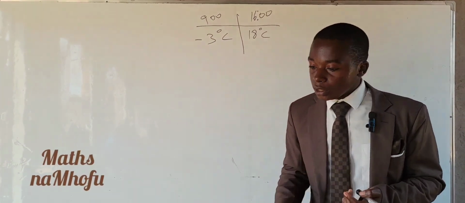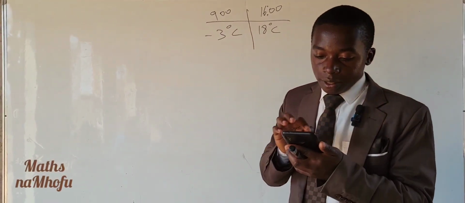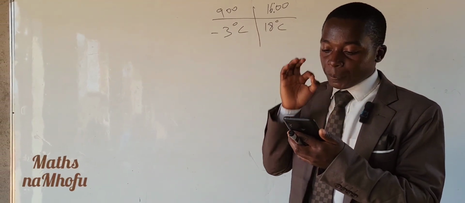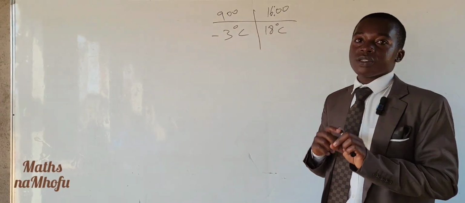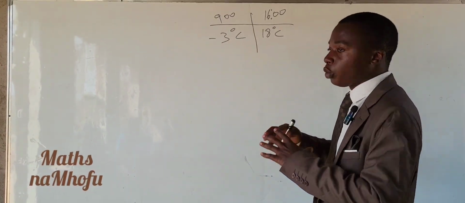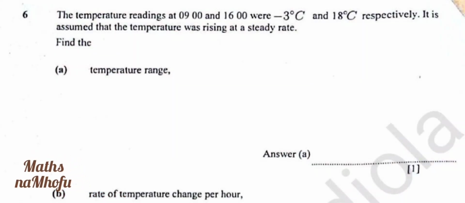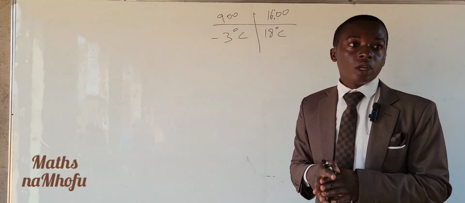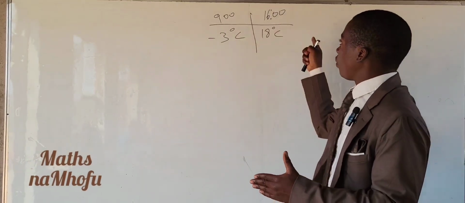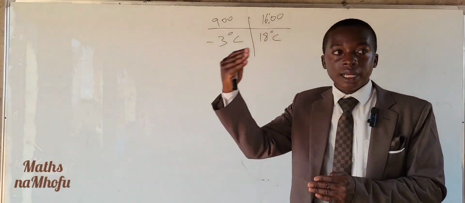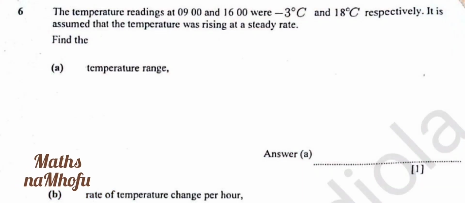So for us to find the rate of temperature change per hour, what we do is very simple. We now have the temperature range, right? Are we together? So we just say the temperature range divided by the number of hours. That's how we get the rate at which it was changing per hour.